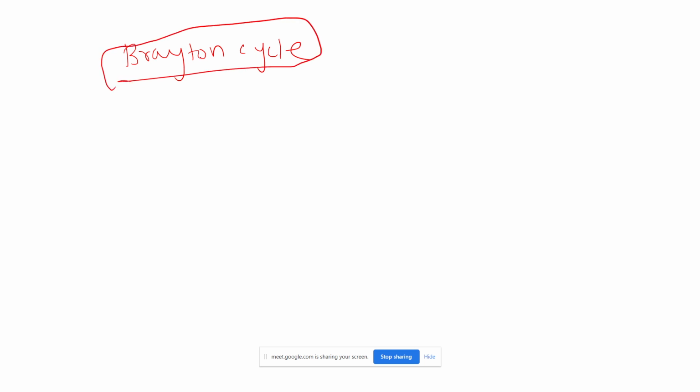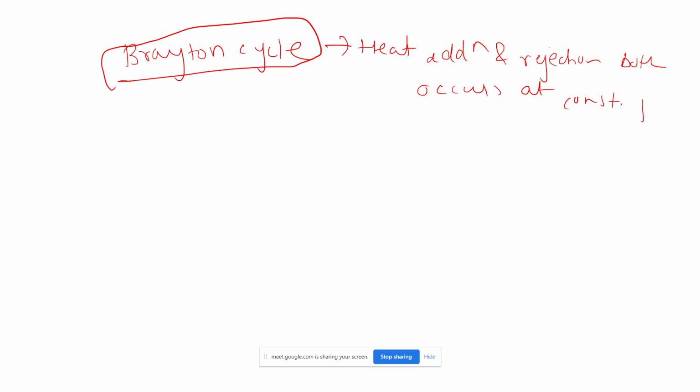So in the Brayton cycle, the heat addition and rejection both occur at constant pressure. Okay.